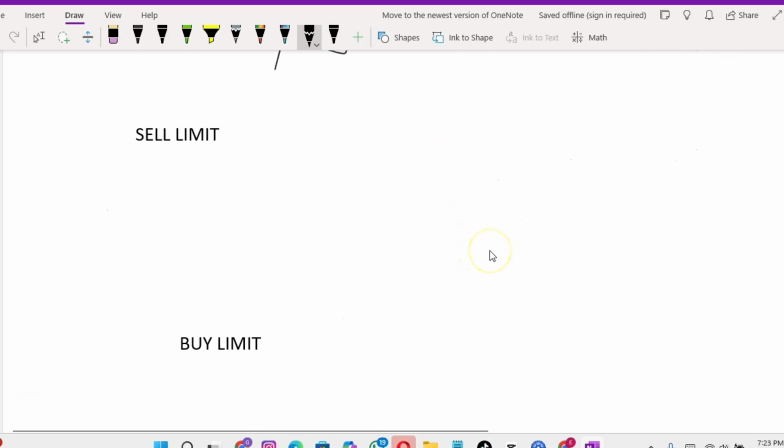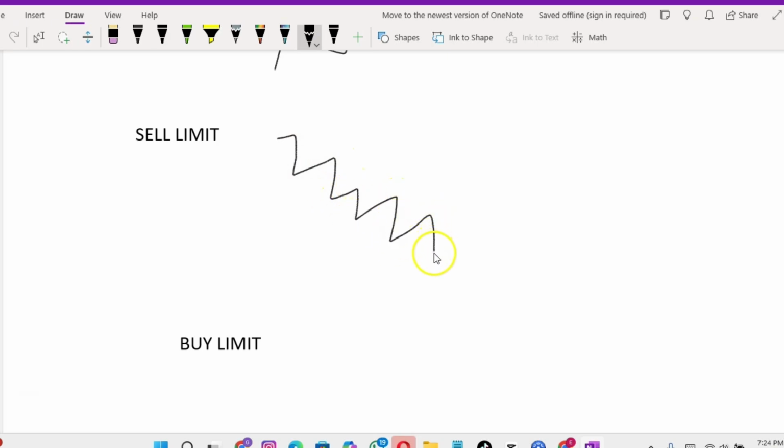Now for sell limit. A sell limit order is a type of pending order that allows you to sell a currency pair at a specified price above the current market price. For example, the market is trending downward. The market is in a downtrend, right?